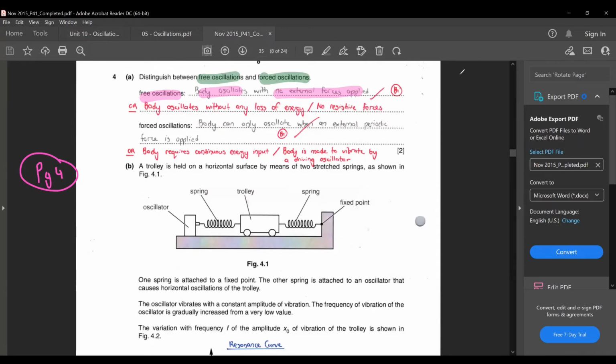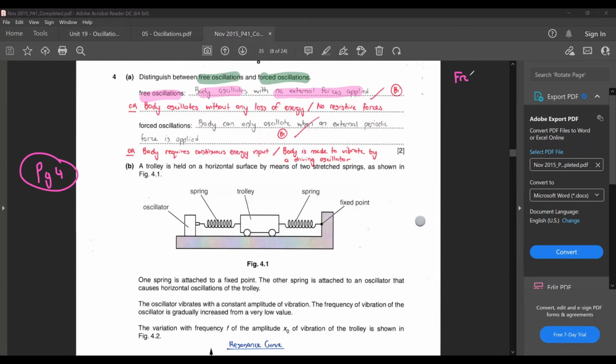What I mean by that is that for free oscillation, the body oscillates after being given an initial disturbance.